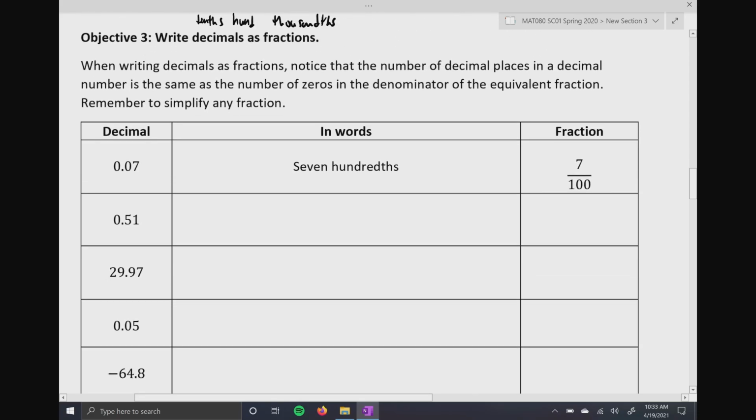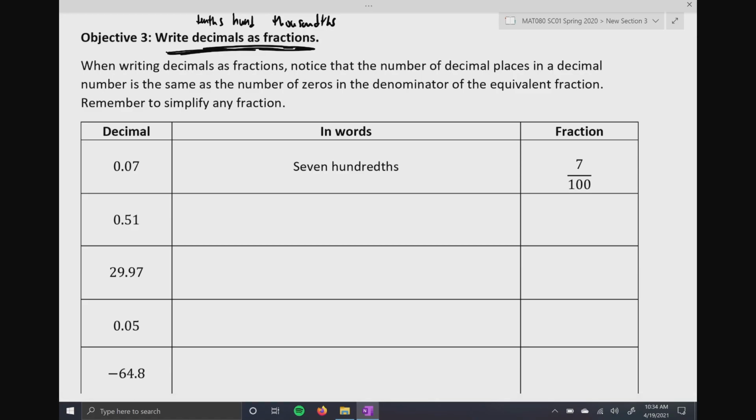But anyways, all right. Objective 3. This is a biggie. Writing decimals as fractions. So there is a relationship here between decimals and fractions, and the way that we do this is, first, I give you the decimal. Second, you're going to write it out in words. And by writing it out in words, it actually tells you how to write the fraction.